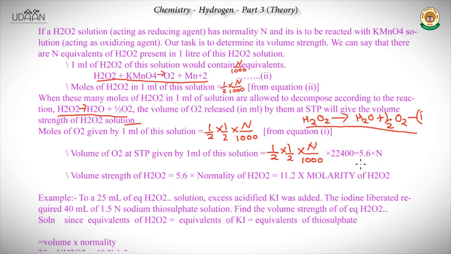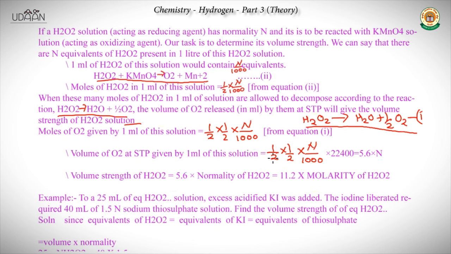Here we can see that 1 mole of H2O2 will produce half mole of O2. So half into N by 1000 moles of H2O2 will produce half into N by 1000 moles of oxygen.